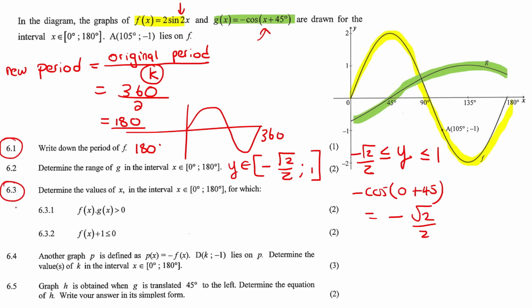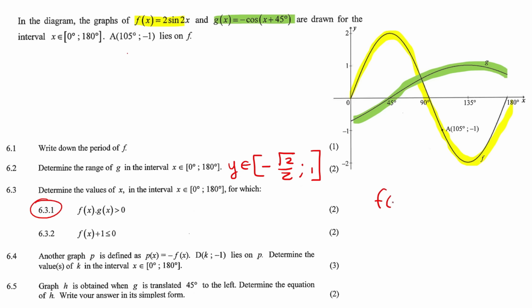This question here says, determine the values of x where this happens. If you've watched my videos on these types of questions, they're pretty straightforward. You're just going to use a table. Remember, you put f of x and then g of x, and then what happens if you multiply them? If f of x is positive and g of x is positive, then two positives multiplied make a positive.